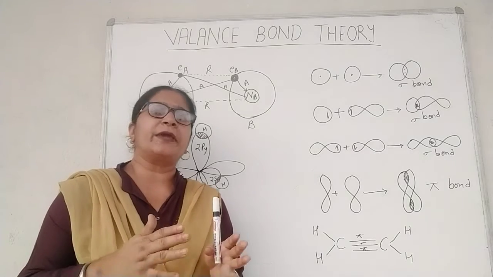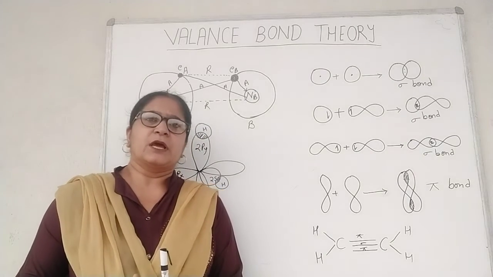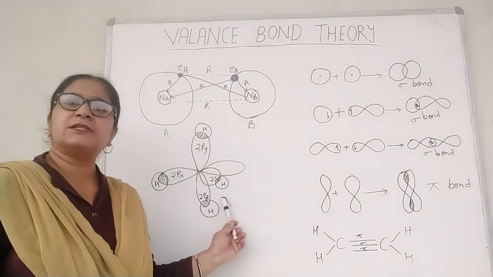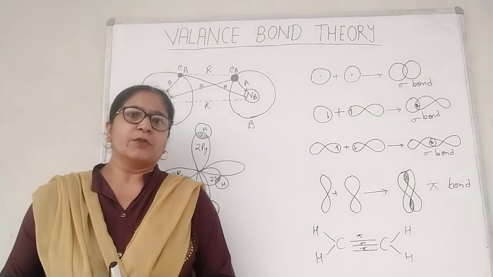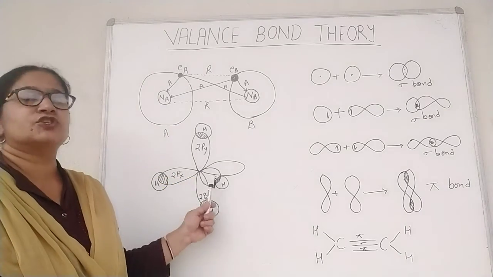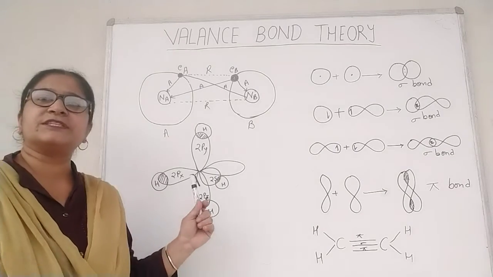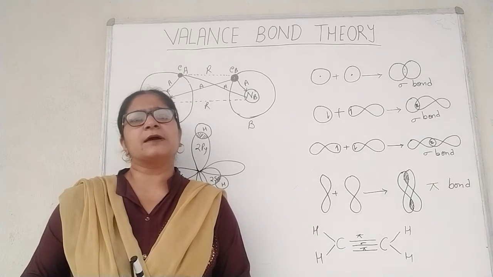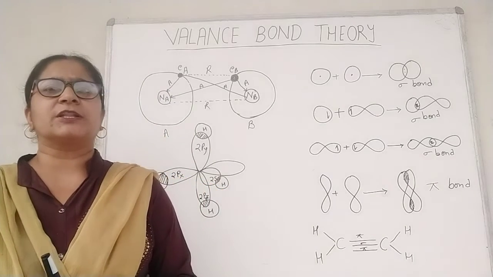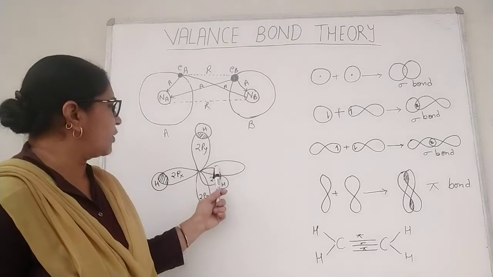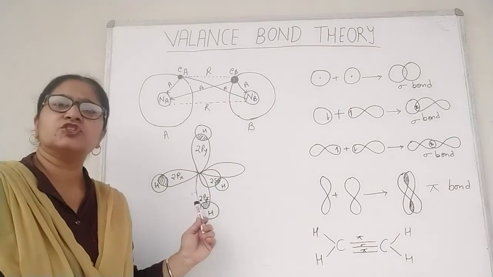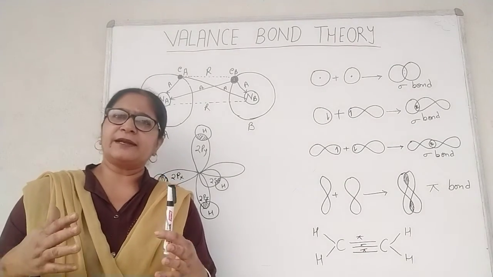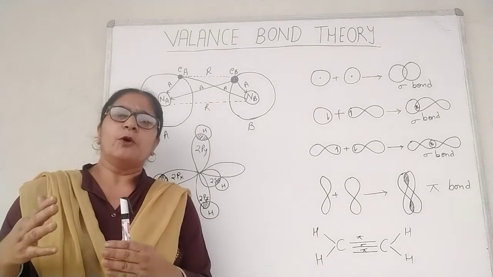The four unpaired electrons overlap with four singly occupied 1s orbitals of the hydrogen atoms to form four C-H bonds. We know that p orbitals lie perpendicular to each other, hence the three C-H bonds in the methane molecule are expected to be oriented at 90 degrees to one another.